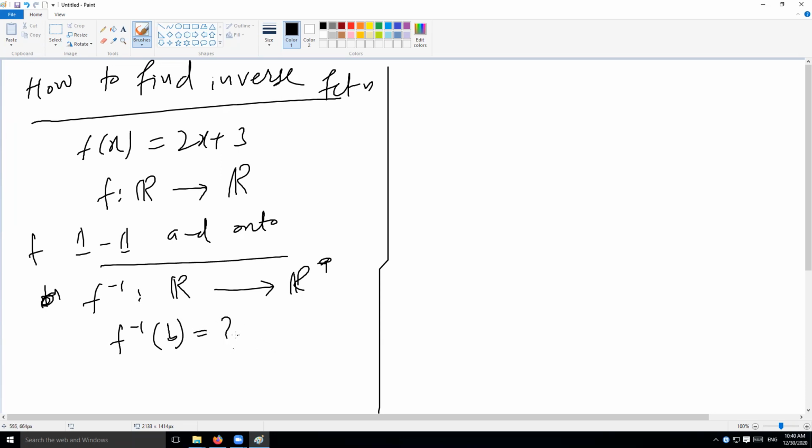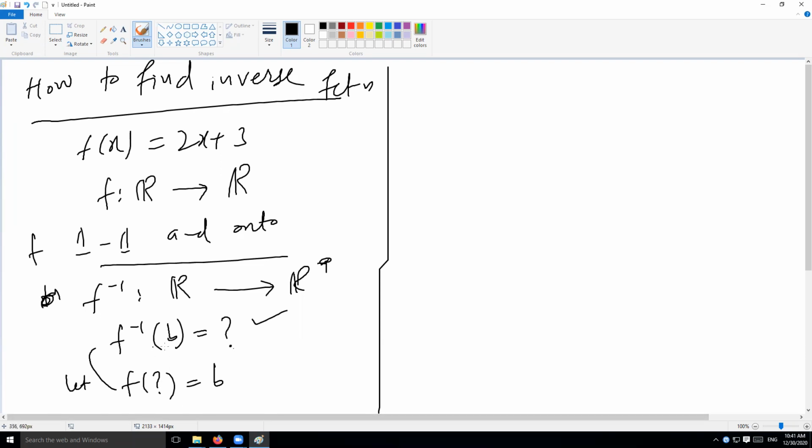What you have to do in order to find f inverse of b is to find f of what equals b. Because if I can find f of what equals b, then by the previous theorem, f inverse of b is going to be equal to that what. Is this making sense? Yes, sir. Okay?